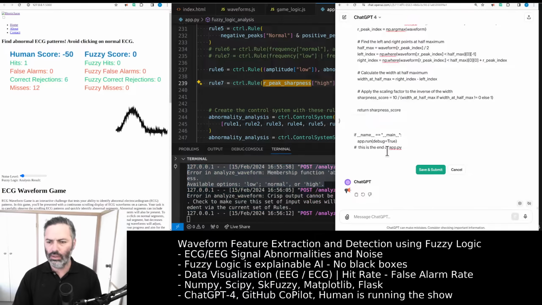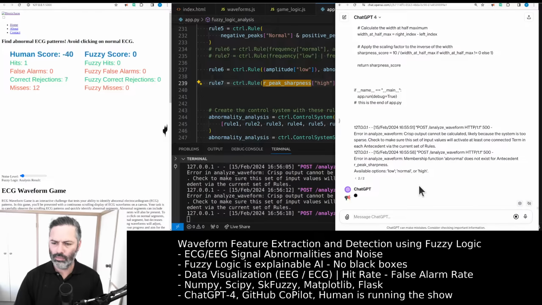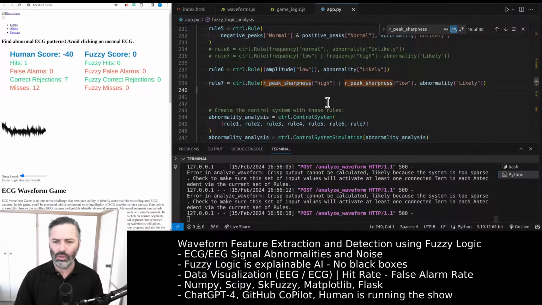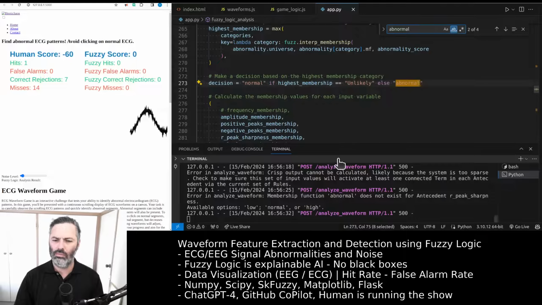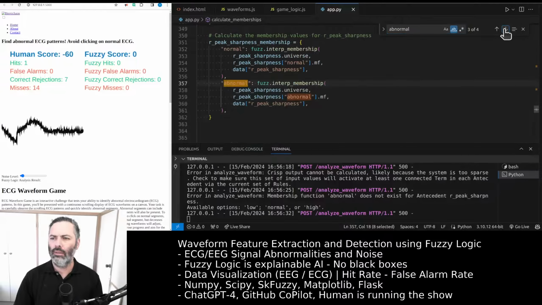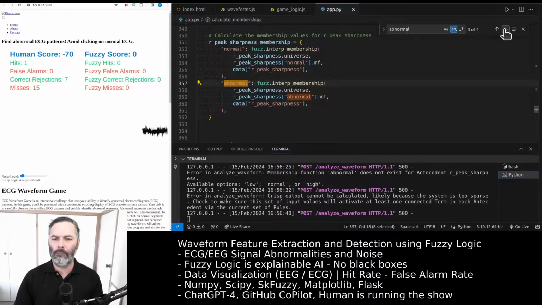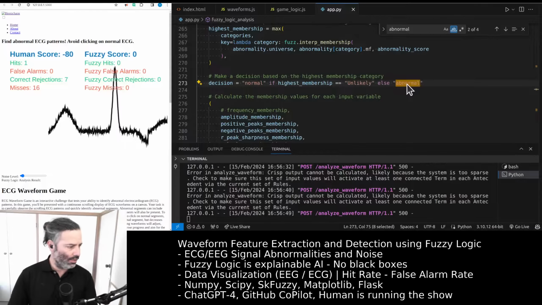Yeah, this one. Where do we do abnormal? That's wrong. This is wrong as well. Yeah, because we changed the code.